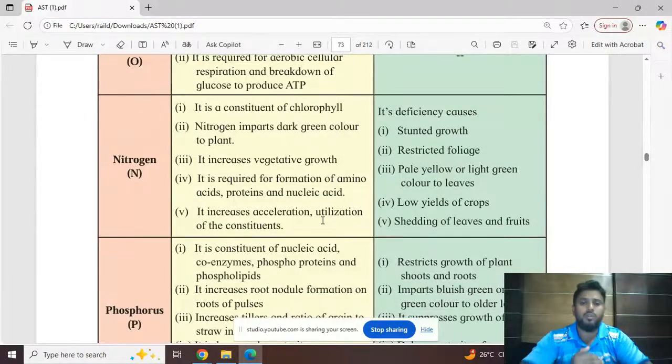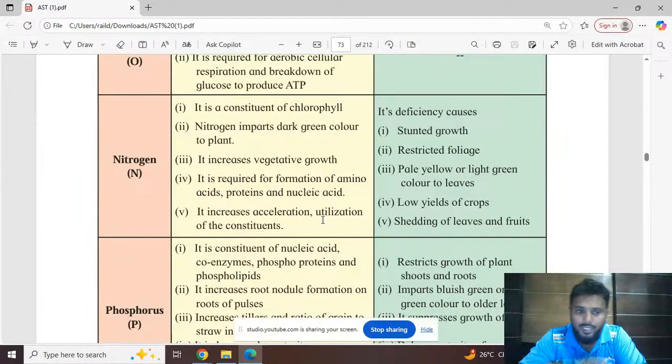Nitrogen is also required for the formation of amino acids, proteins, nucleic acid, and we all know that amino acids are the building blocks of proteins. So if amino acids are formed, proteins will be formed, and for nucleic acid or the nucleus of the cells, nitrogen is also required. Then it also increases the acceleration or utilization of the different constituents that are present in the plants. So these are the important functions of nitrogen.